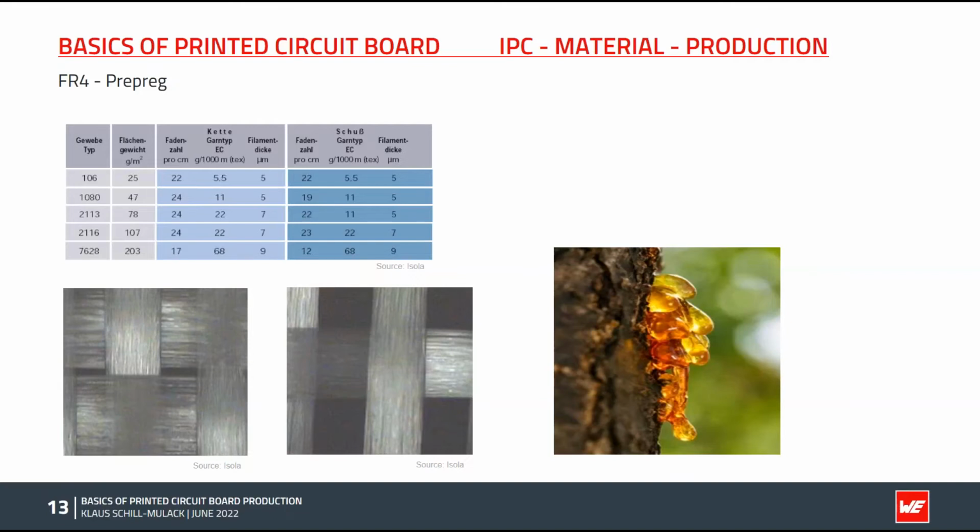The glass type itself is described by the filament thickness and the number of fibers. And of course, you can find the thickness of the resin. Low flow prepregs, which are also on the market, differ from normal prepreg in the formulation of resin and hardener and in the manufacturing process.